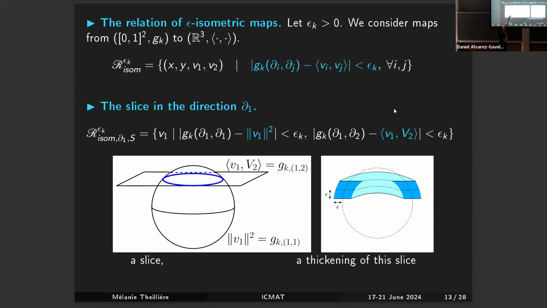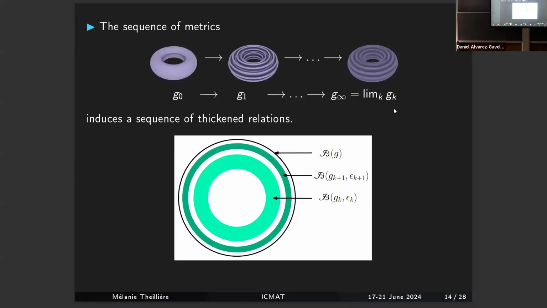In fact, since we thicken the relation, it's a thickening of this circle, which is this kind of torus, this thickening of the torus. So the sequence of metrics we choose at the beginning induces a sequence of thickened relations. The thickened relation looks like this because we increase a bit the metric here, and we increase again the metric here, but we reduce the error.